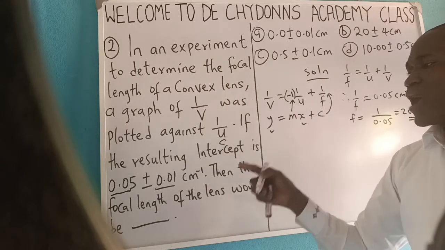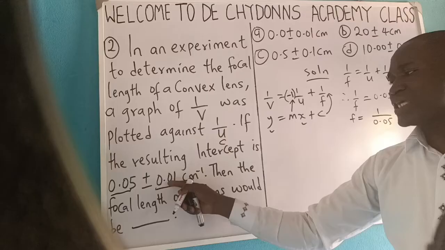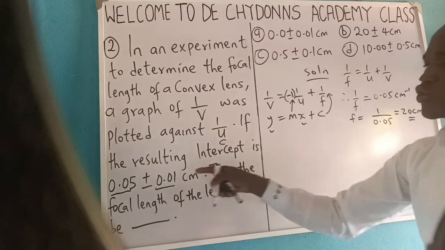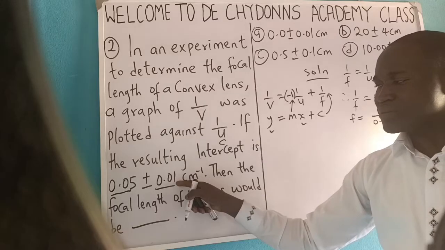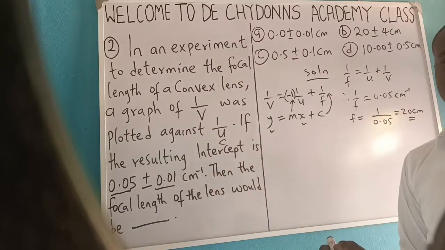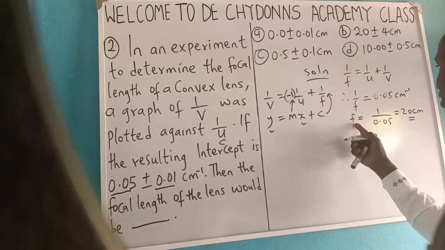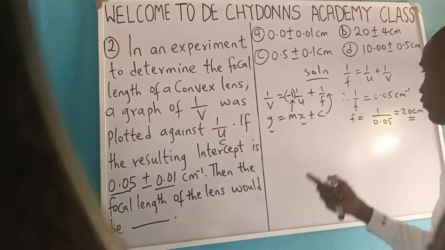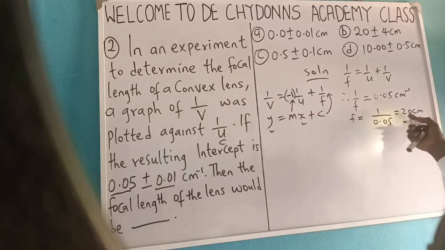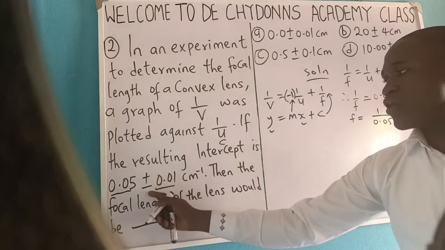Now, what is the error in getting the intercept? They say 0.01. Then we need to use this error in getting the intercept to get the error in getting this focal length. We have gotten the focal length, but what error of the focal length do we have? We don't know. We cannot just write 20, because here they gave you the error in getting the intercept.